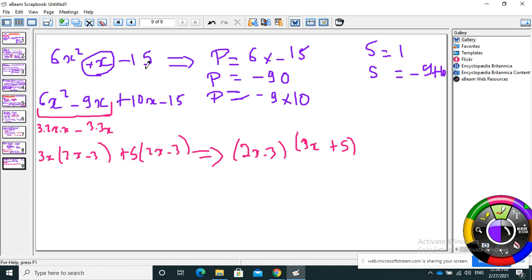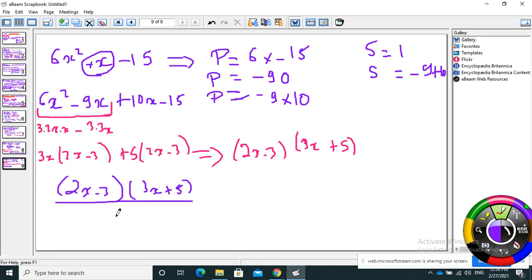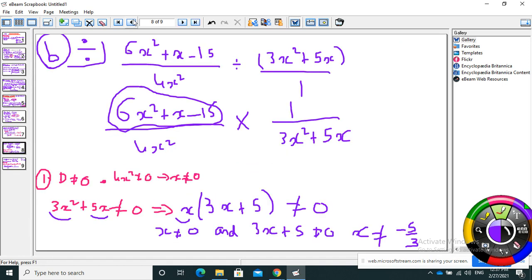So 6x squared plus x minus 15, I will replace it by 2x minus 3 times 3x plus 5. I had it over, let's go back to check it, 4x squared, so I put 4x squared. I had here times 1, there's nothing else, over, and this one also we factorize it. It was x times 3x plus 5.